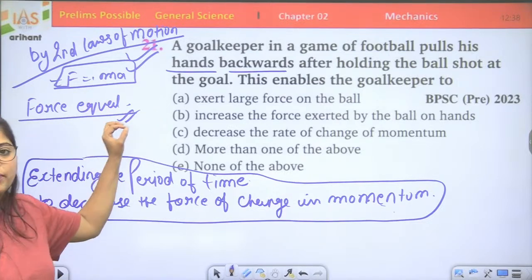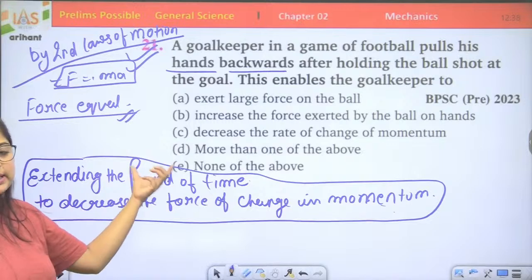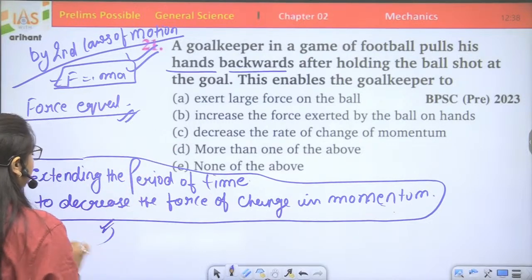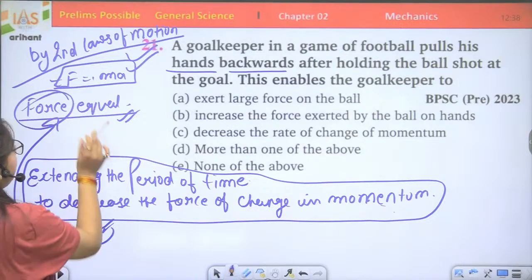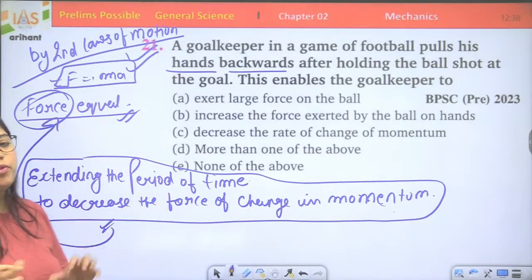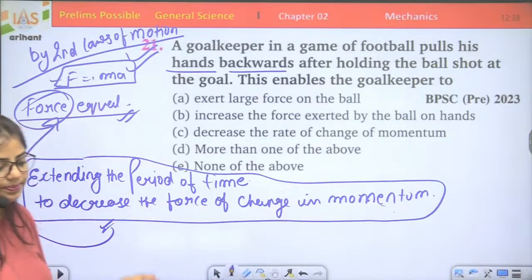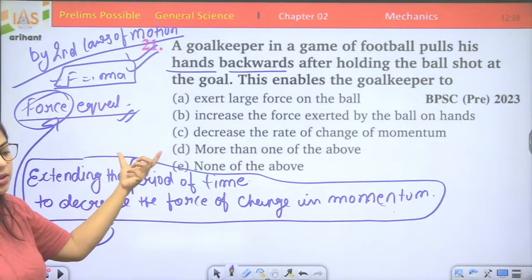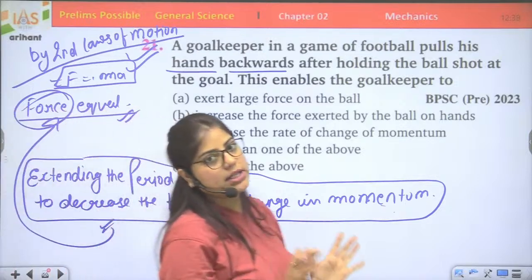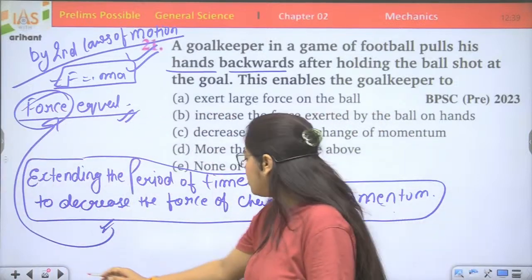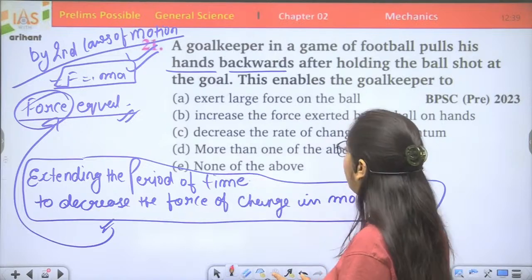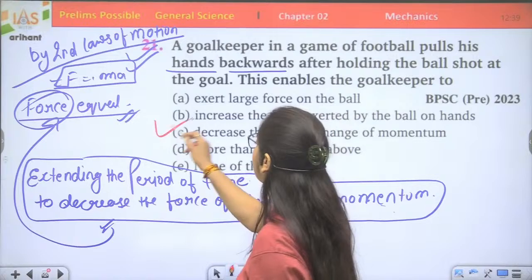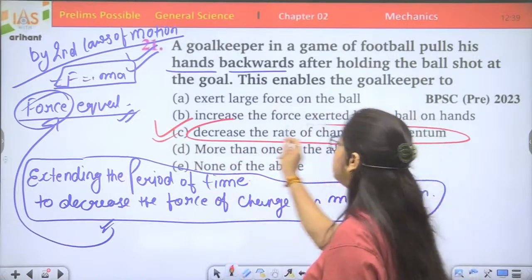The rate at which momentum changes is the same as force. Why? Because this is the product of mass and acceleration. Force is defined as mass times acceleration for a constant mass. Clear? So the right answer here is, it decreases the rate of change of momentum. Option number C will be the right answer.